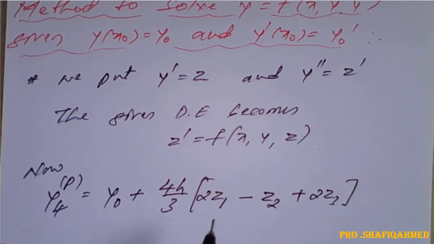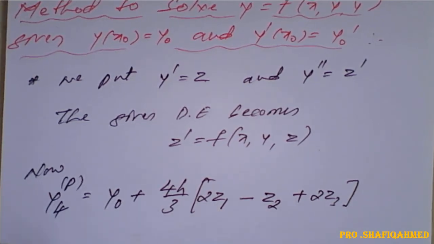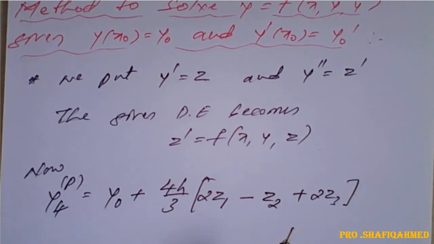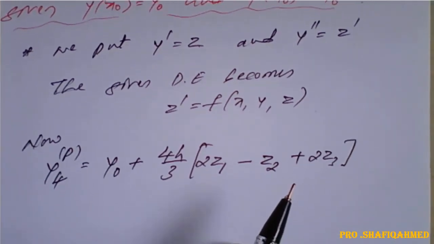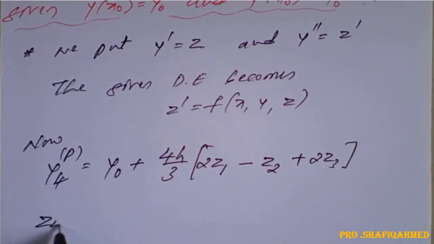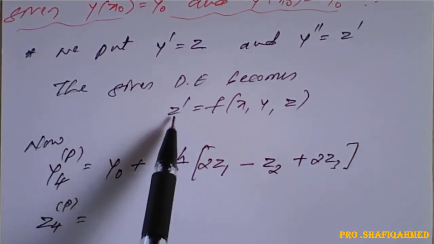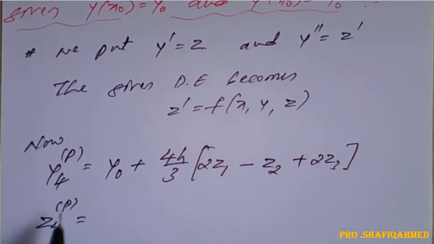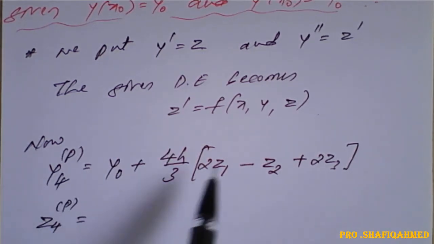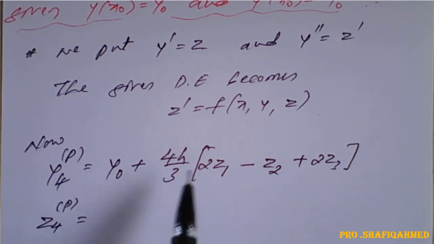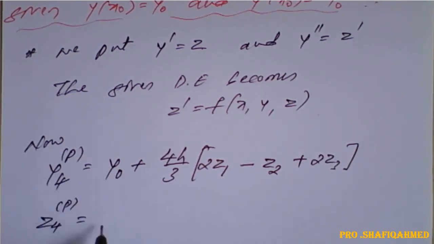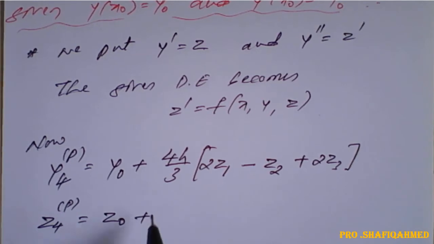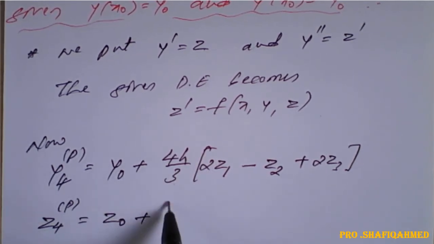Since y dash is nothing but z, we need to write z4 of p also, because our differential equation y double dash we have converted in terms of z dash. So we need to find z4 of p, and from this only we write that formula. Instead of y naught you have to write z naught, plus 4h by 3 as it is.